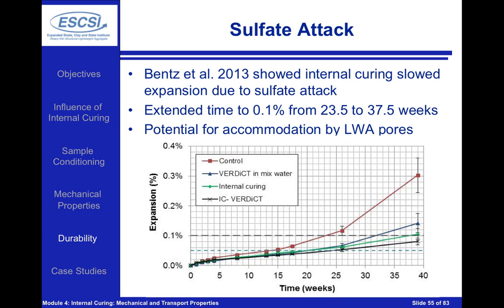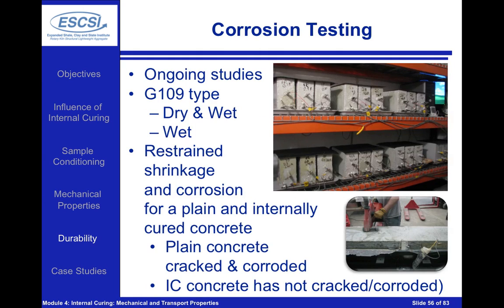But also here you can see some examples where the lightweight aggregate was used to deliver material that would have a higher viscosity, and that would essentially help to delay the transport properties as well. But again, the internal curing here is working simply by providing additional space in the pores of the lightweight aggregate to reduce the effects of sulfate expansion.